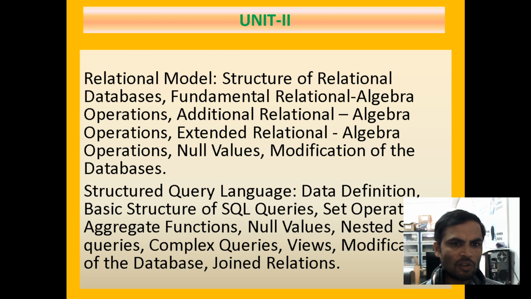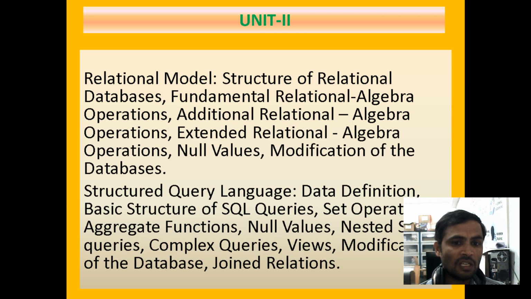Under the relational model, how will the structure be in the database? Then one more important question for your theory exam: fundamentals of relational algebra operations, additional relational algebra operations, and extended relational algebra operations. These three topics are very, very, very important under the second unit.